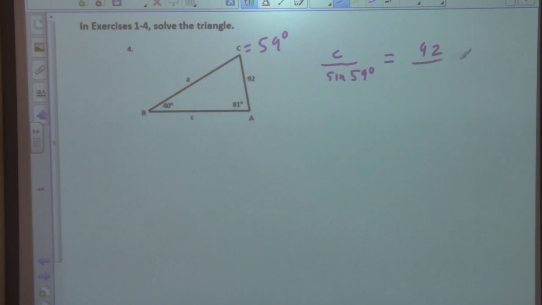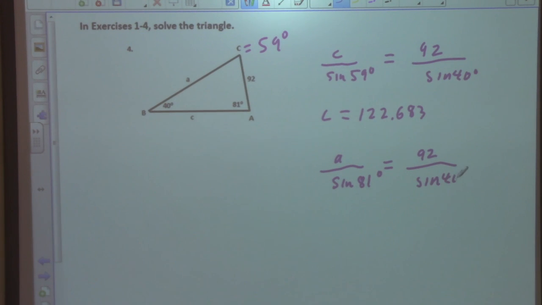And I got little c equals 122.683. And then for little a, a over sine 81 is equal to 92 over sine 40. So that's going to be 141.364. So that's all solved, okay?